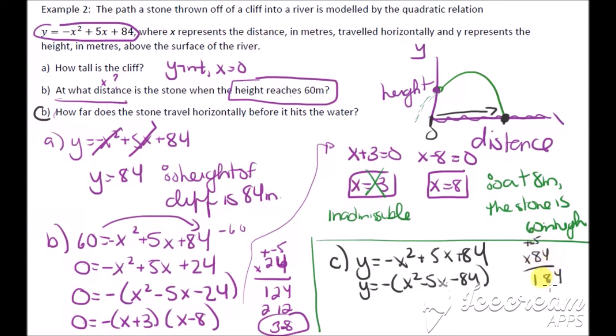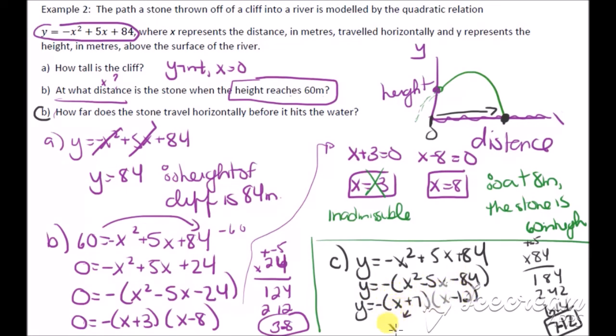So we get 1 and 84, 2 and 42, 6 and 14. I think we're getting closer. Let's try 7 and 12. And the negative, since it's on the negative 5, is going to be on the bigger number, negative 12. So I get y equals negative x plus 7, x minus 12.